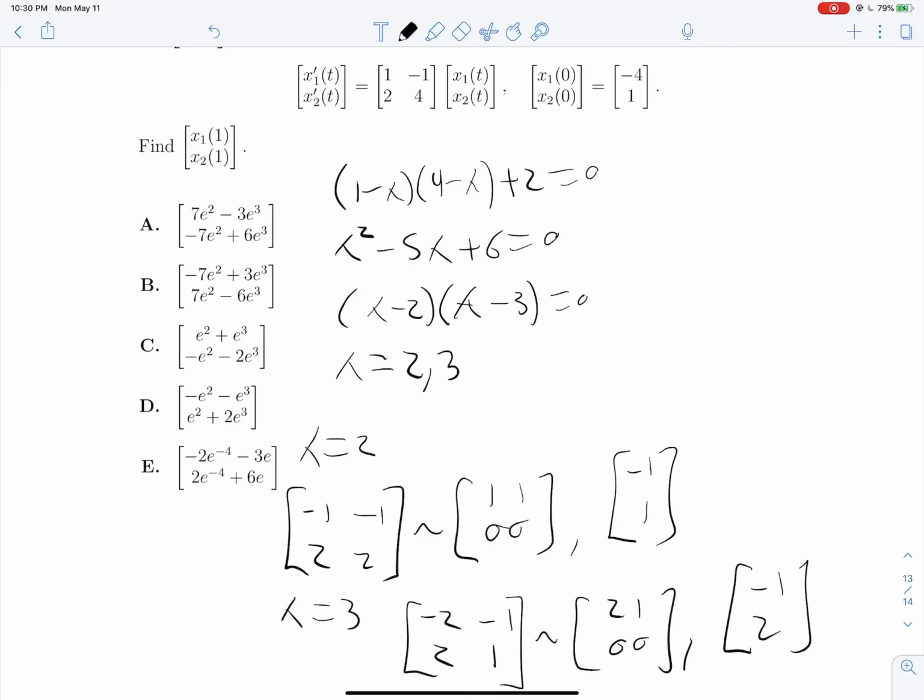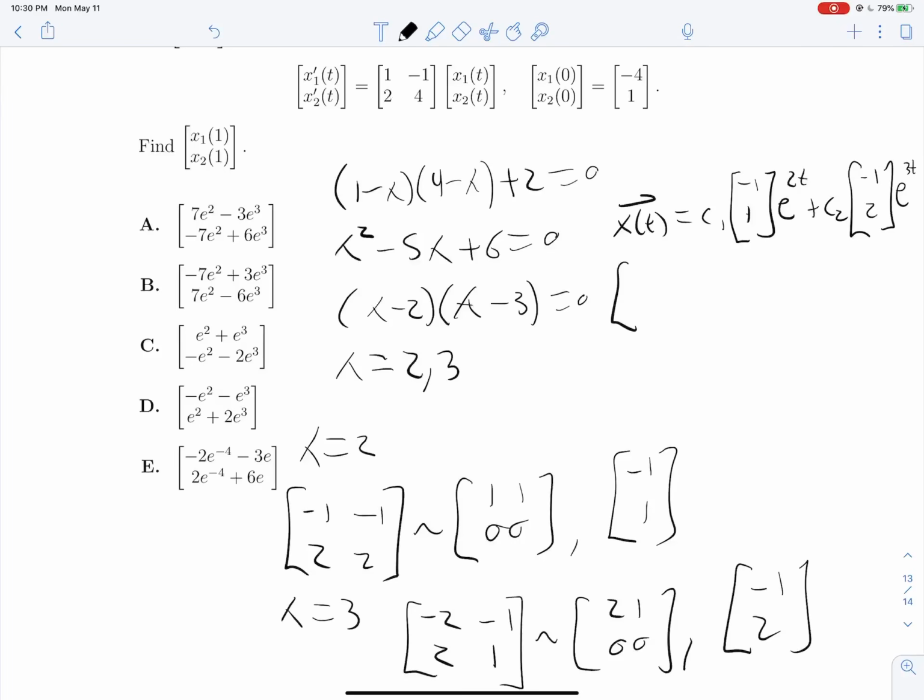That means that we can write x of t as c1 times v1 e to the lambda 1 t plus c2 times v2 e to the lambda 2 t. And we can apply this initial condition here. X1 and x2 at 0 will be negative 4 and 1.